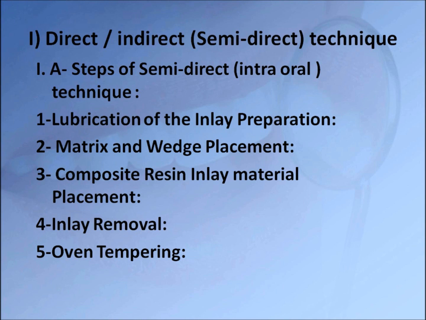The air-inhibited layer is the softest layer of the composite resin and should be excluded whenever possible. The inlay is then light cured for an additional 60 seconds. The composite resin inlay must now be tempered in a special tempering oven.